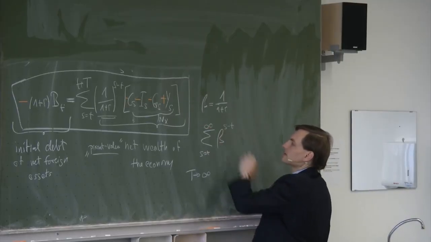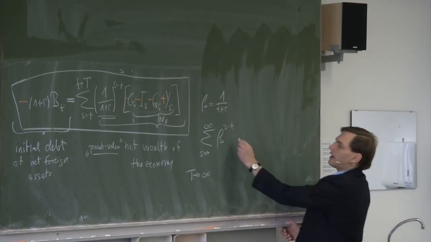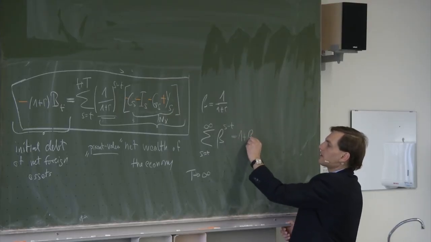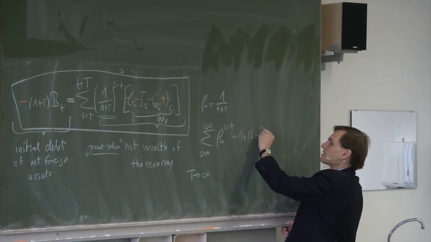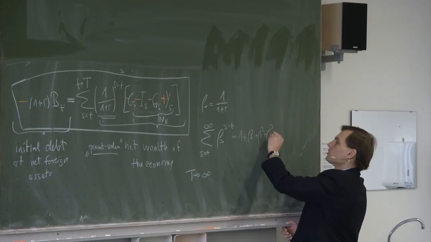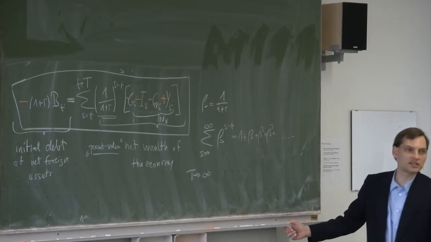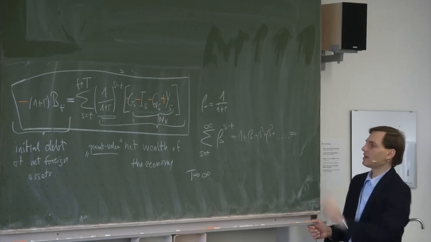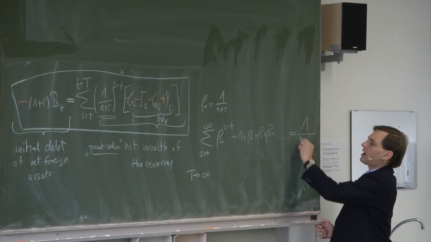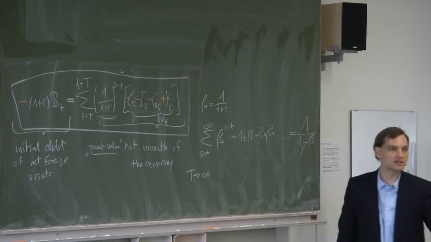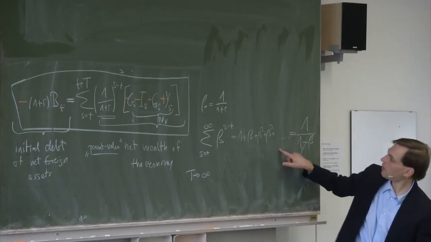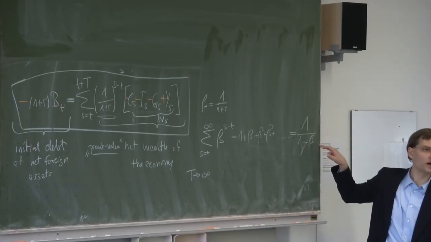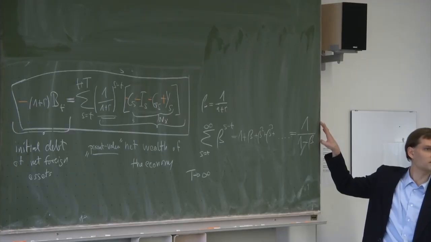So this sum is an infinite sum, then you can write it down also. This is 1, right, in the first period. Then you have beta, beta squared, beta cubed, plus until infinity. And fortunately, this is a convergent sum. And this can be described as 1 over 1 minus beta. So if you sum up all these discount factors until infinity, it converges to this number, 1 over 1 minus beta. That's a convergent sequence.